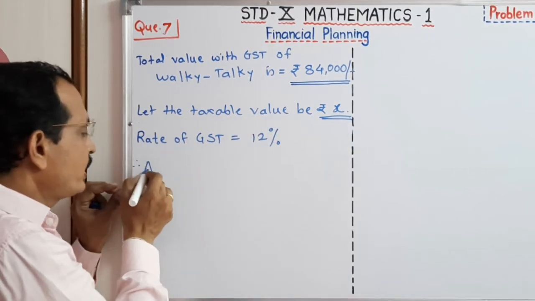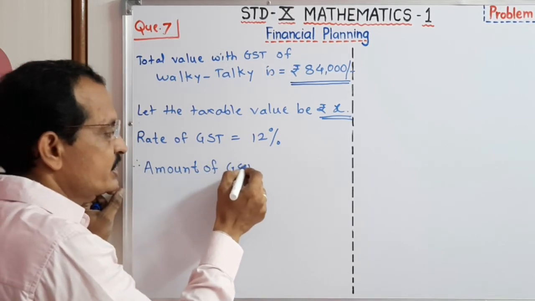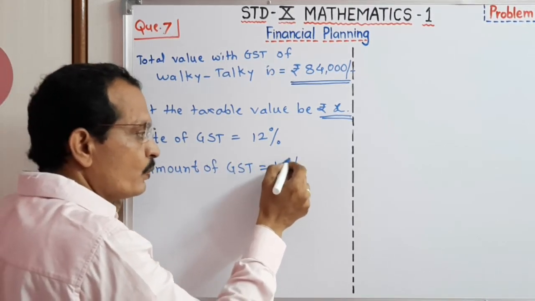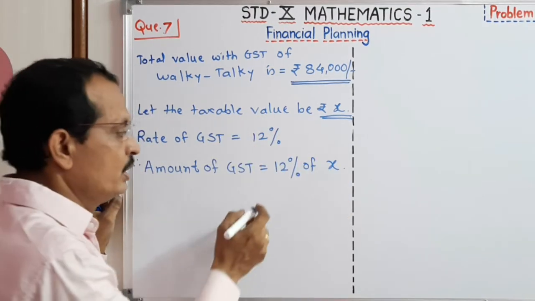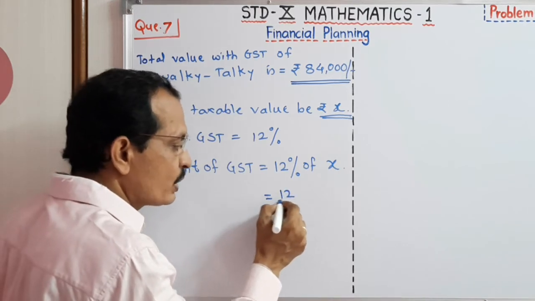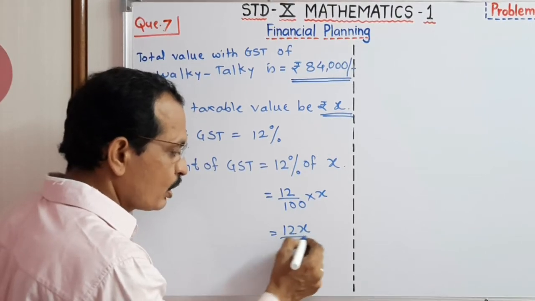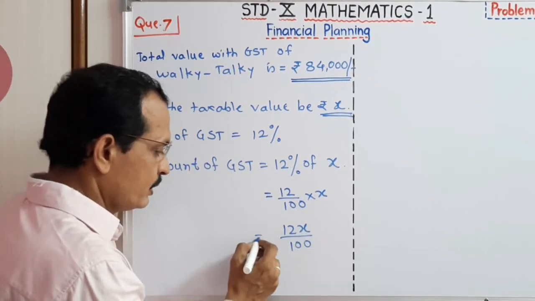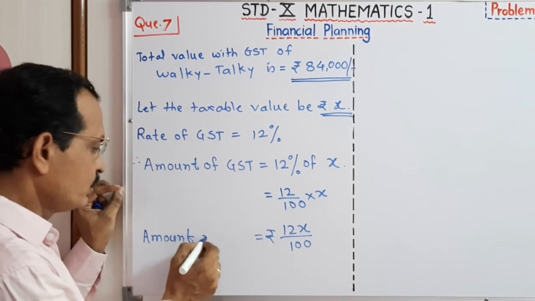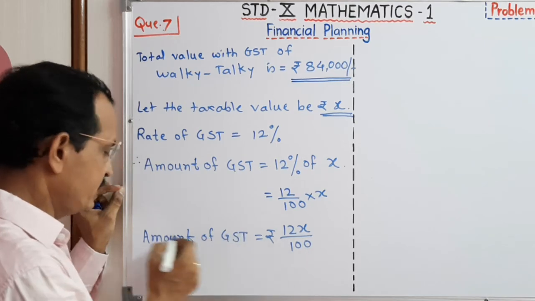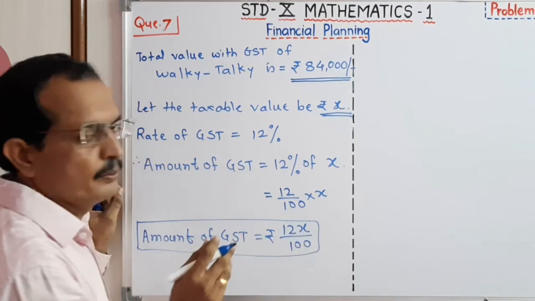Therefore, we have to find out the amount of GST, which is equal to 12% of X. This is the GST amount, and 12% of this is 12 upon 100 into X. Therefore, the amount of GST is rupees 12x upon 100.